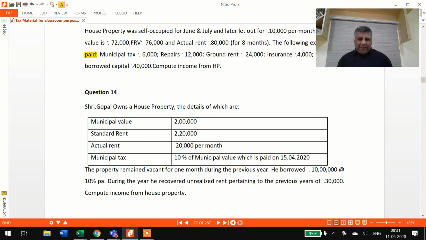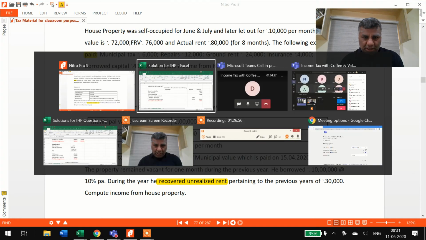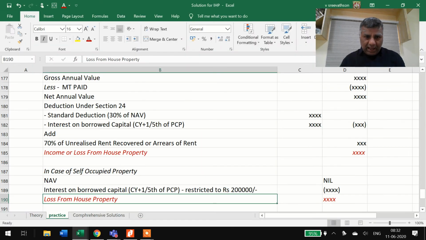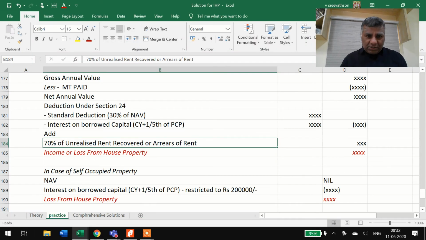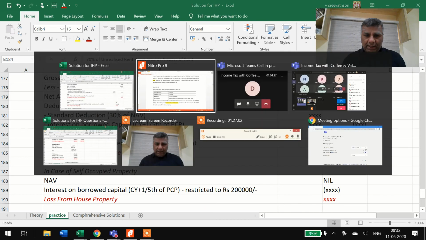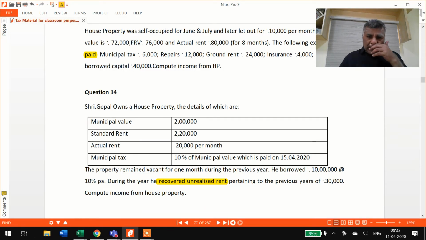During the year, he recovered, remember, it is recovery of unrealized rent. If you see the format, you will understand. Recovery comes here. So, during the year, he recovers unrealized rent of previous year, 30,000. Compute IHP, please. Go ahead.